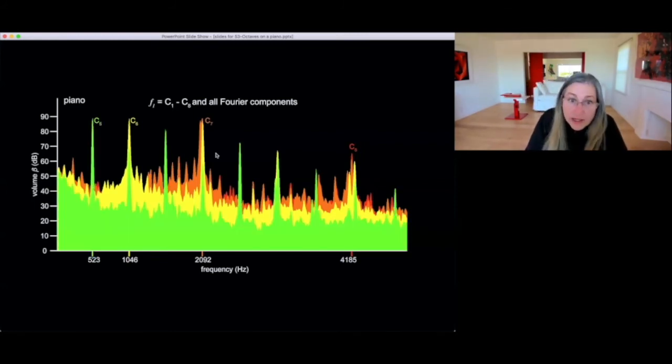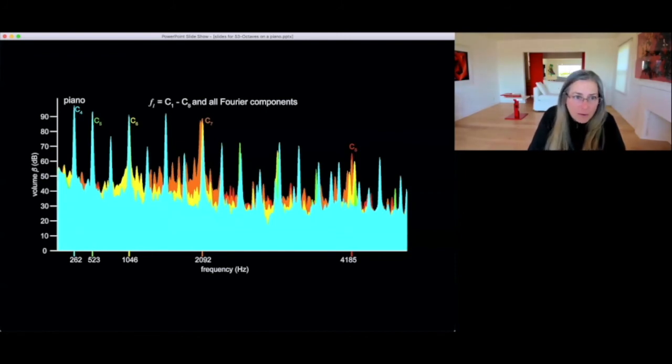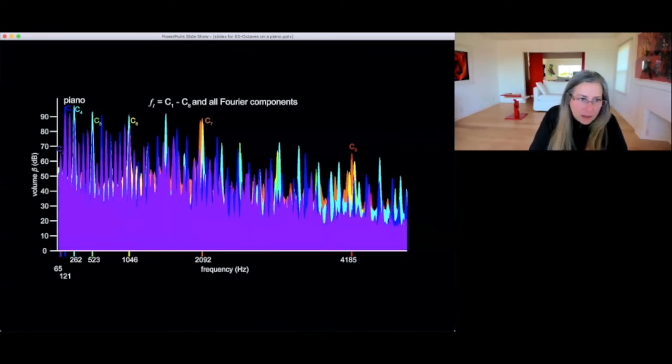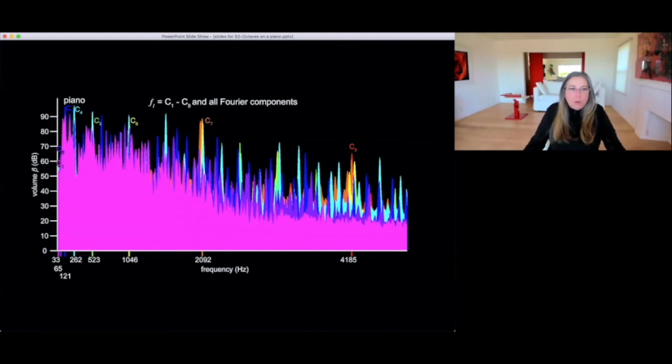If I keep going down one octave at a time to C5, I see it's half of C6, C4, half of C5, C3, half of C4 frequency, C2, half of C3, and finally C1, half of C2.